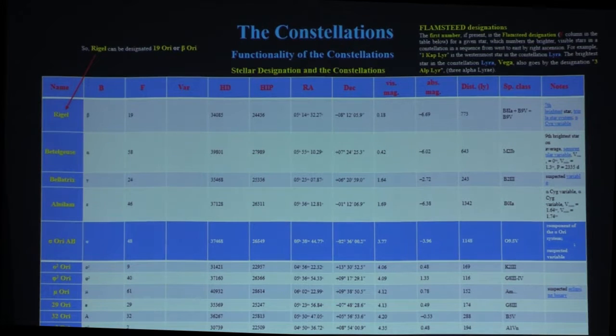There's a good example. So Rigel could be called 19 Orionis if you wanted. Officially it might be known in Bayer terms as Beta Orionis. It should be Alpha Orionis, but Betelgeuse being a variable, red giant, is sometimes faint and so. Yes, sorry.